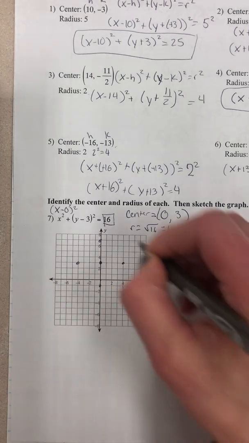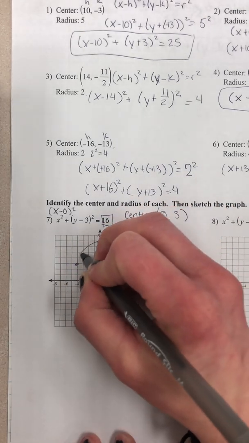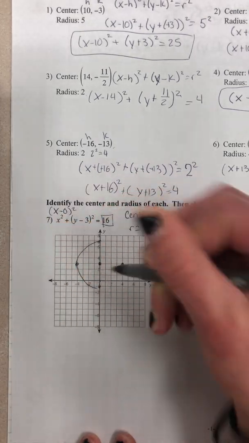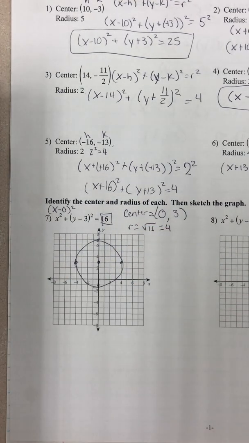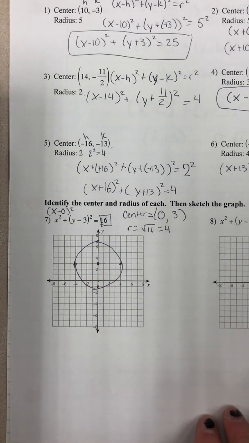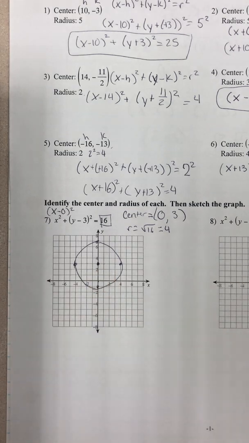We're going to connect all those points in a circular motion, like kind of make it look as close to a circle as we can, like that. This is our circle. If you have a compass, I'd recommend using that. If not, you can freehand it like I did. It looks kind of bad, but we know that is going to be our circle.